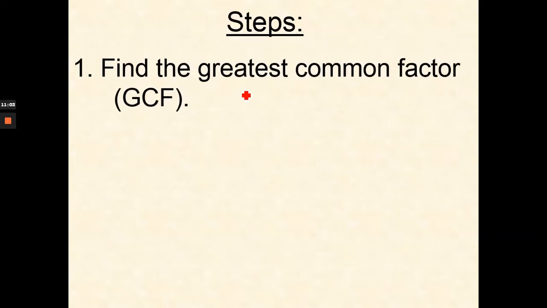We're not yet done because we're going to factor. That is just the first step. How to factor polynomials using the greatest common factor. The first step is to find the greatest common factor.